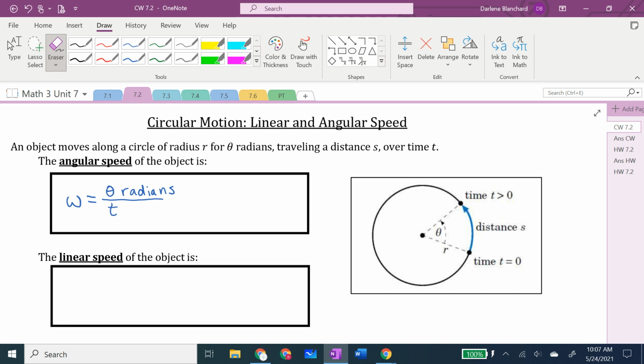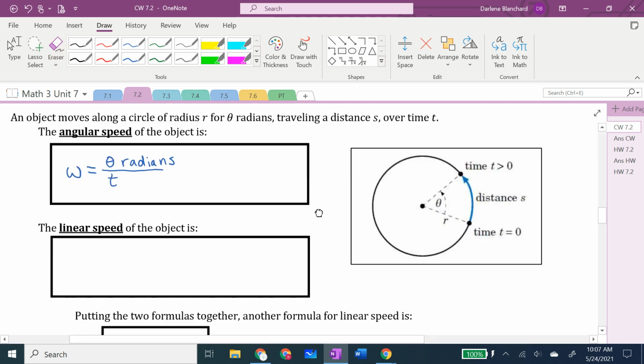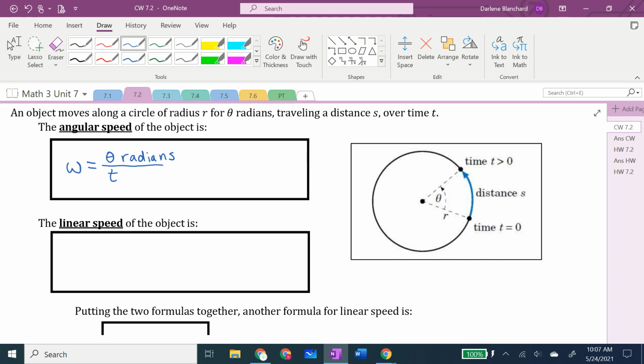Now, linear speed is looking at how much of an arc you actually passed through over that time. So it is arc length. And I'm going to use the letter V for speed.